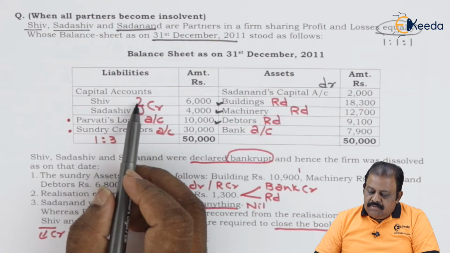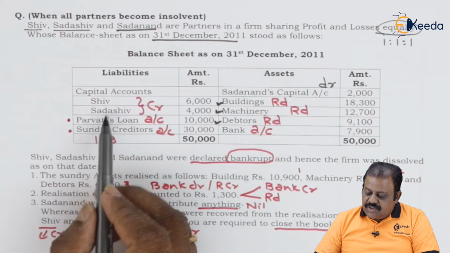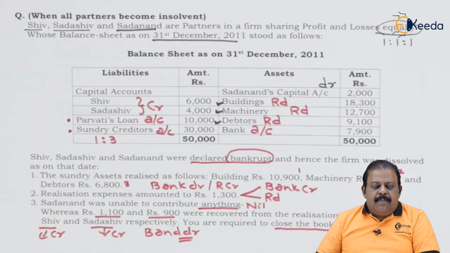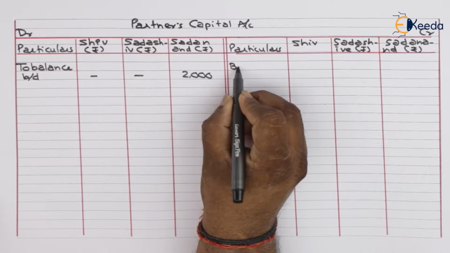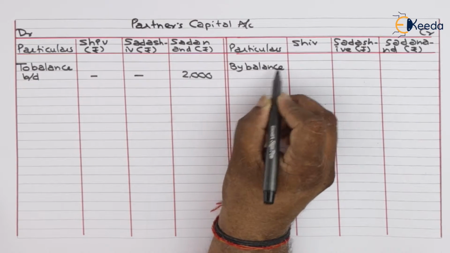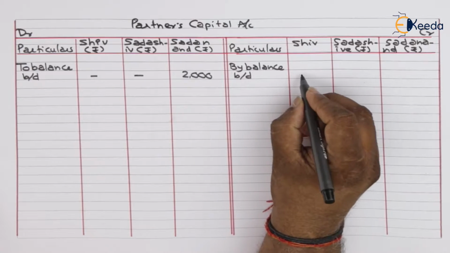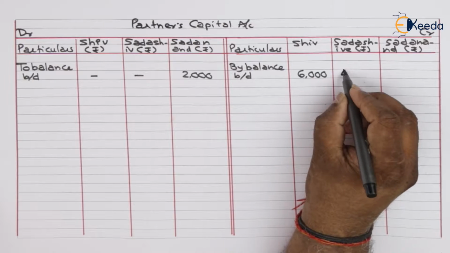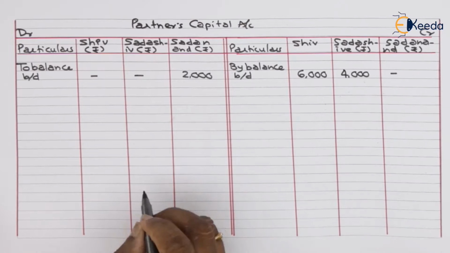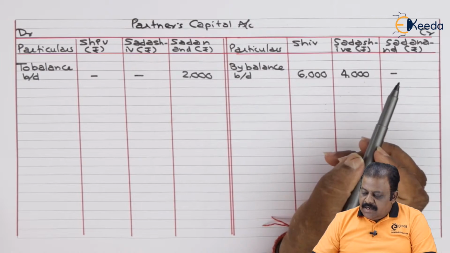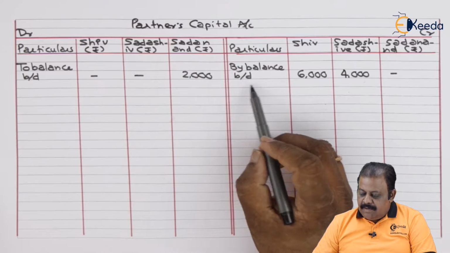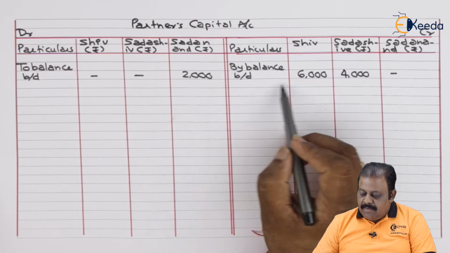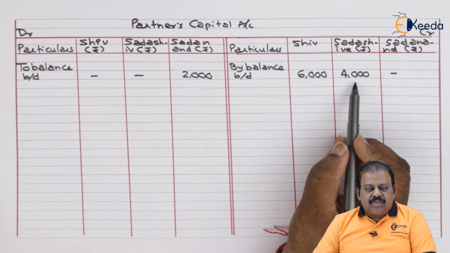Capital accounts on the liability side, Shiv and Sadashiv, will be transferred to the credit of their capital accounts. Partners' capital account credit: Shiv, by balance brought down 6,000; Sadashiv, by balance brought down 4,000.